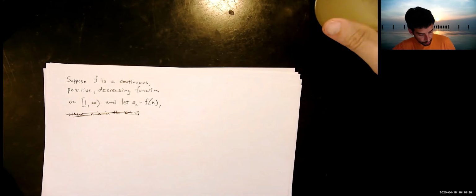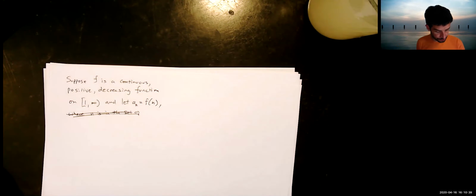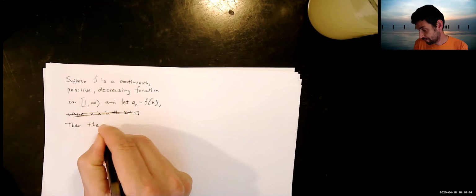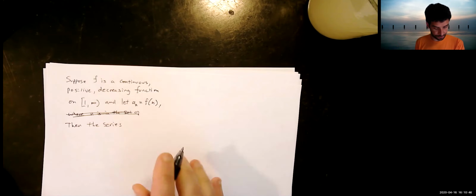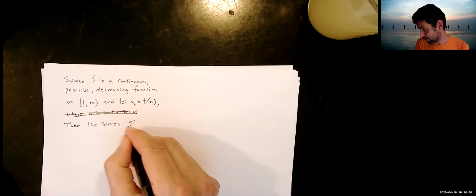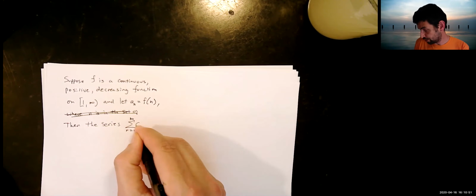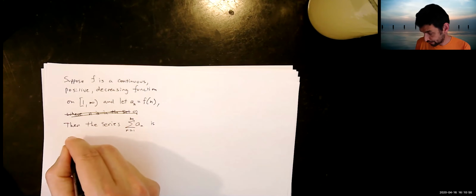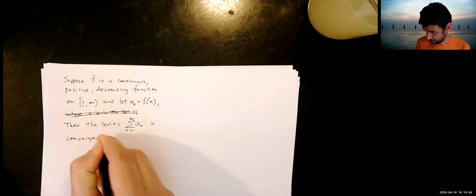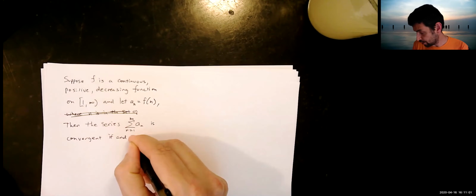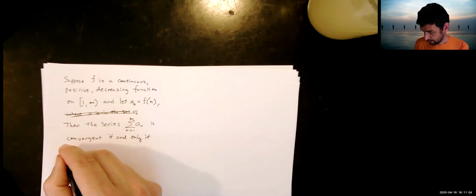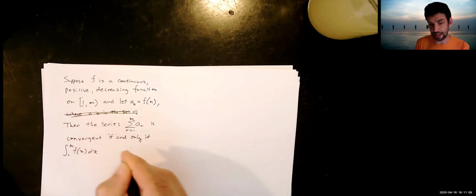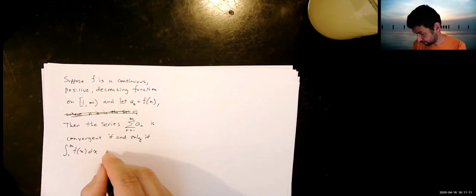Okay, so if we have that situation, if that's true, then the series sum from n equals 1 to infinity of a sub n is convergent if and only if the integral from 1 to infinity of f of x dx converges or is convergent.